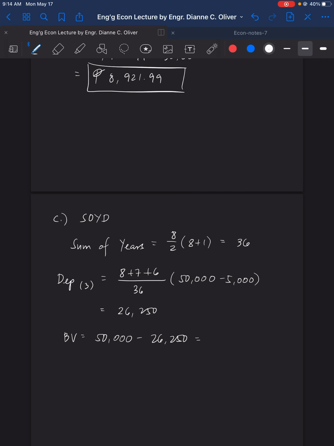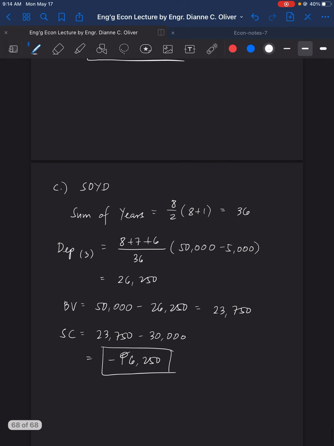Therefore, book value is equal to the first cost minus the total depreciation, that is equal to 23,750. Sunk cost now is equal to the book value of 23,750 minus 30,000 resale value, and that is equal to negative 6,250 pesos. Now, you may be wondering why negative.